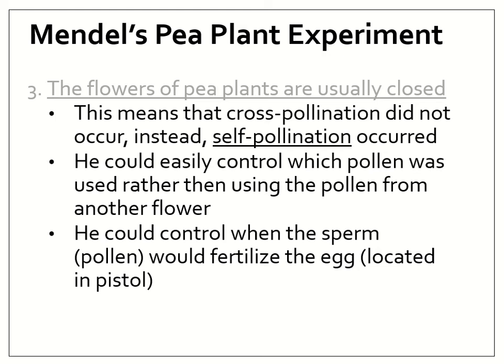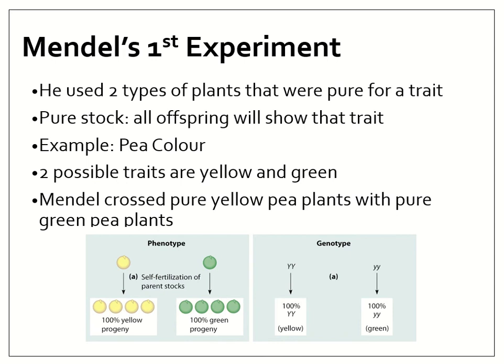So he had a lot of ability to control what the parents' phenotypes were, and then seeing what the offspring's phenotype would be too. Okay, so his first experiments he bred were pure for the traits. So what that means is that when you bred them, all the offspring would be exactly the same.